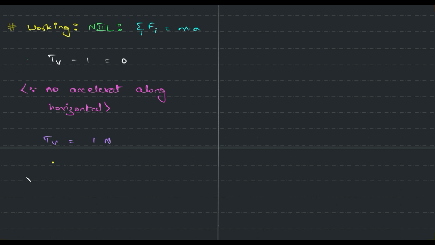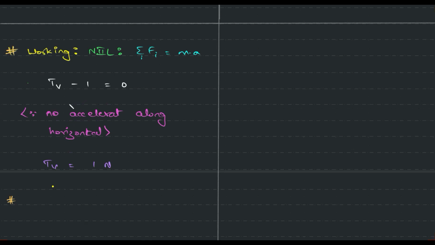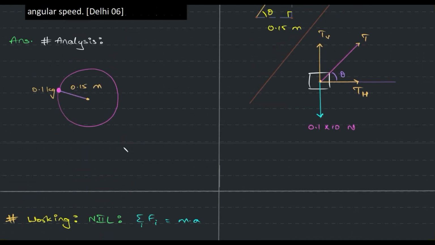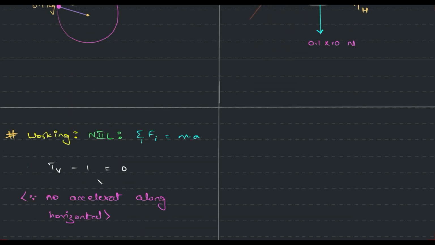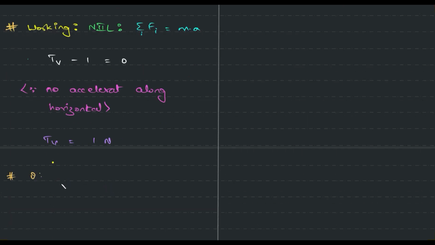Right? And then, for a written exam, you have to show all of this. If not, it's just a matter of directly figuring this out. So we can figure out the theta value. So theta would be how much? Well, for that we have to go to this diagram. So cos theta is equal to 0.15 by 0.3.